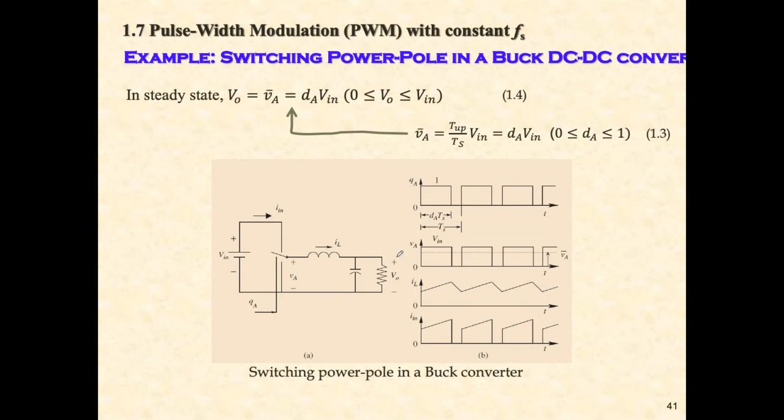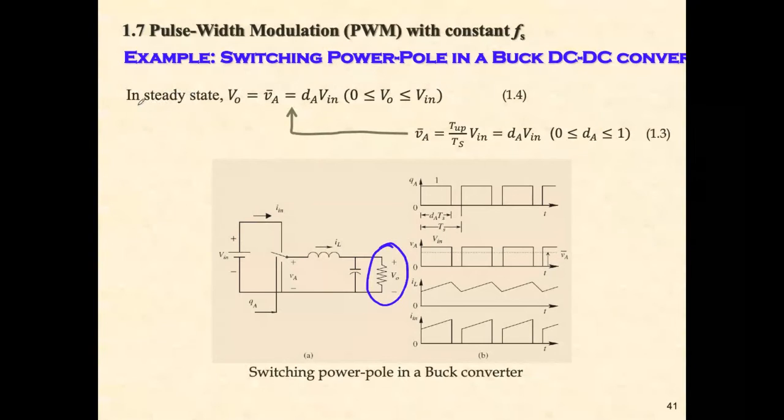Now here we further expand the topology. Previously we don't have this output, previously it is open end. Now it is with the resistor. We would name it V0. Actually here is the average, right?